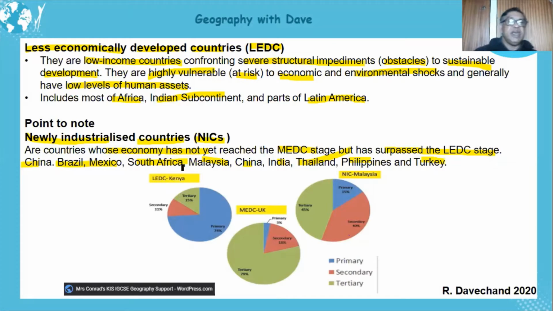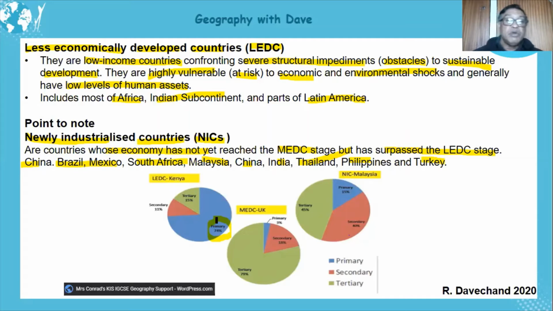Just to make this clearer, learners, let's look at an LEDC like Kenya. You'll notice a difference. Look at the primary activities of Kenya. Most of the people, as you've done in your previous lesson, are employed in primary activities.